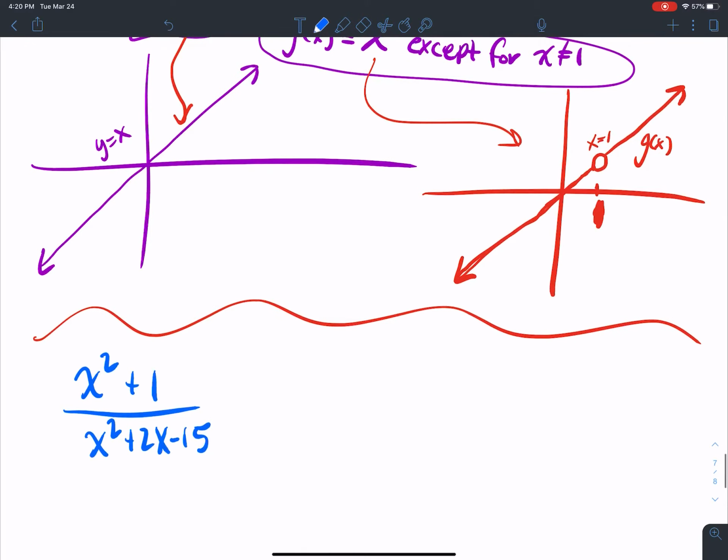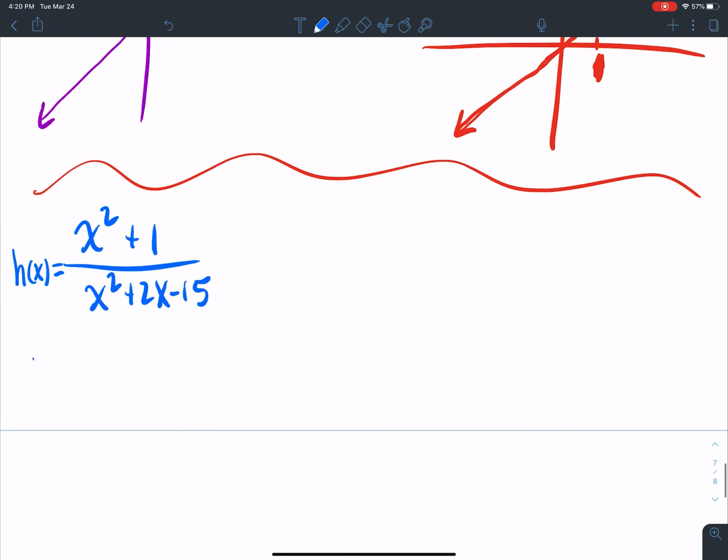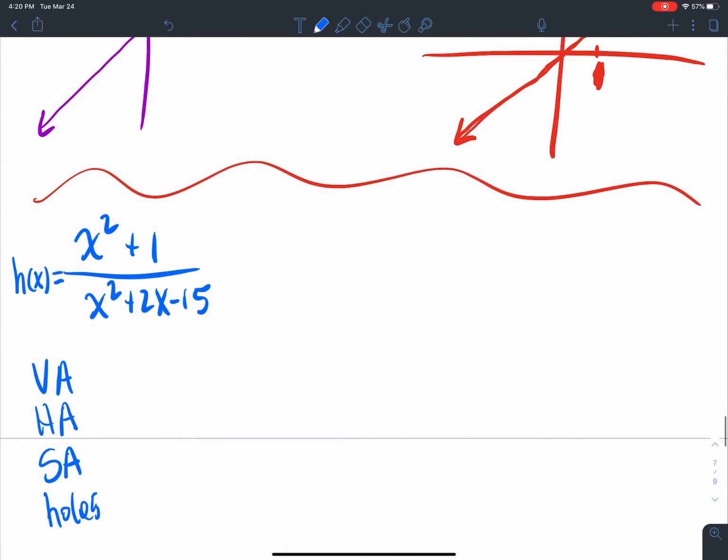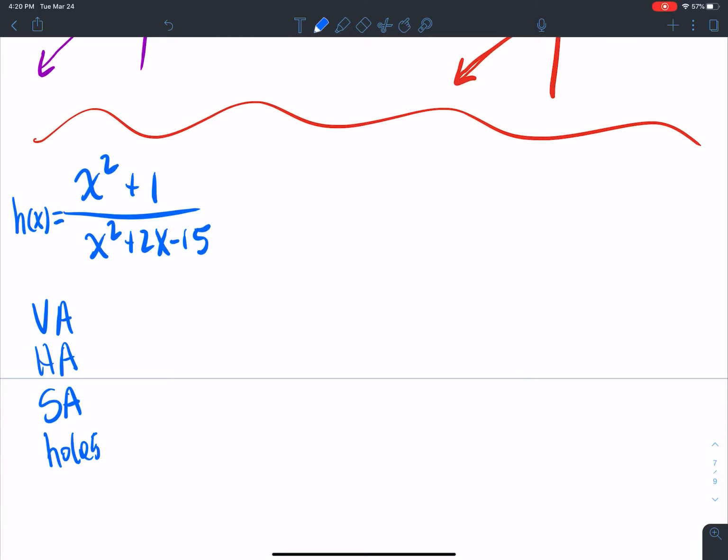Okay, so maybe I've got some h of x equals this right here. First thing I want to do: vertical asymptotes, horizontal asymptotes, slant asymptotes, any holes, etc., etc.